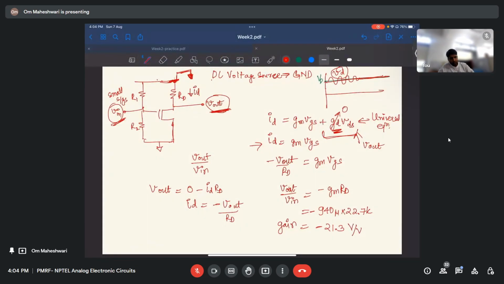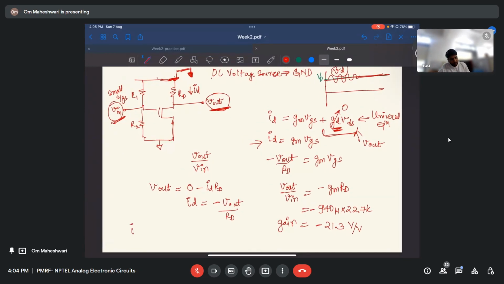So our equation will become something like ID equal to GM VGS, so let me write it like this: GM V in plus GD V out.